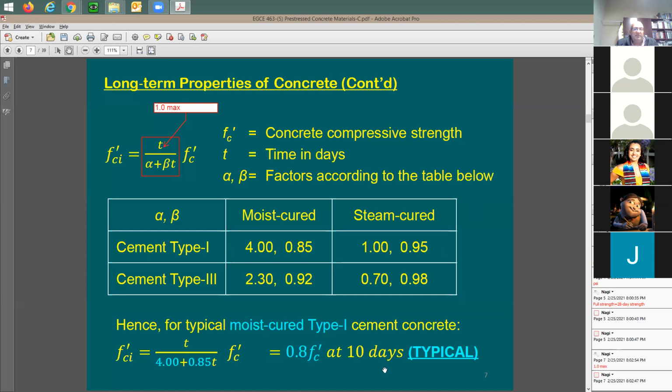Now I'd like someone to tell me, in 10 days, how much strength would you gain if you use cement type 1 in the steam cure? What ratio are we talking about? Can you help me here, please? How much is f'c in 10 days?